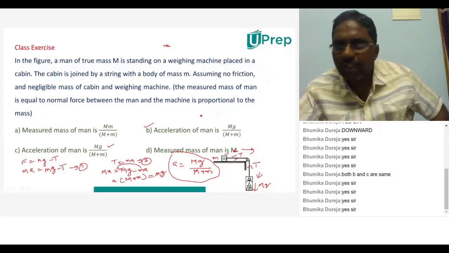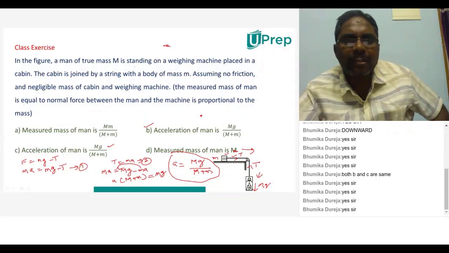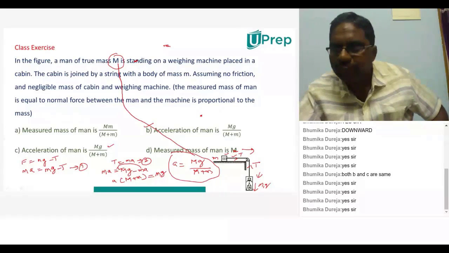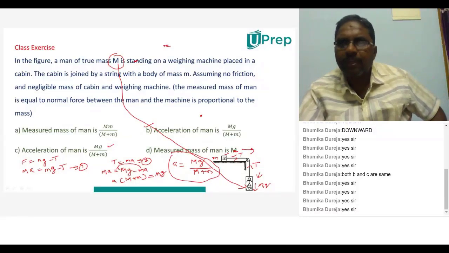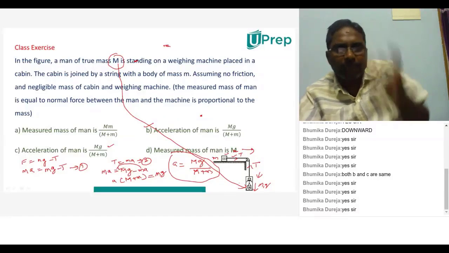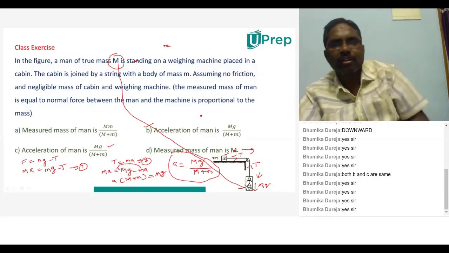Now observe carefully in the question. The true mass of the man is how much? M. And whether the same mass will be measured by this weighing machine here? The same mass will not be measured by the machine, as both the machine and man are moving with some relative velocity.